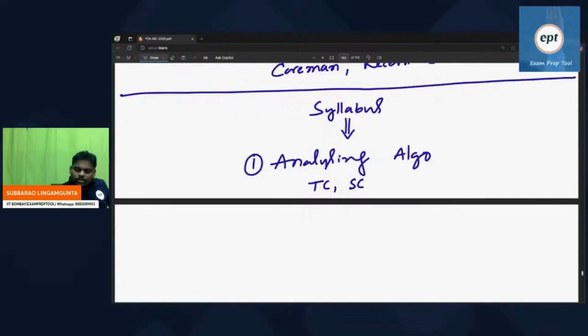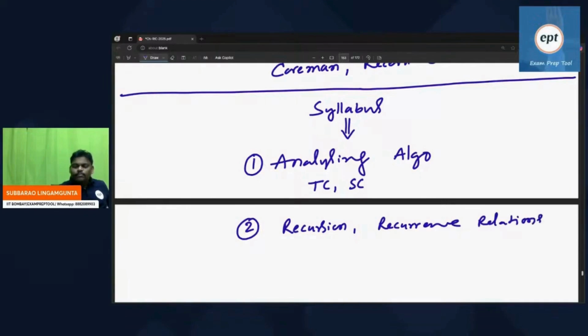The second chapter is recursion and recurrence relations. The third one is recurrence relation solving.